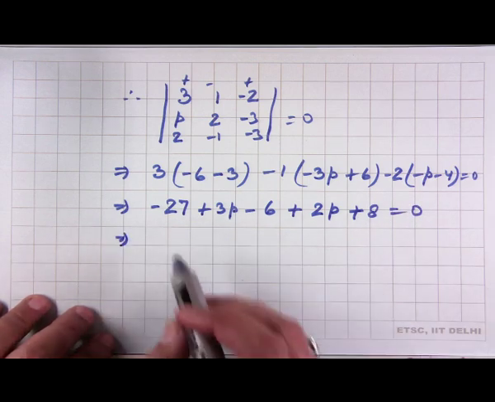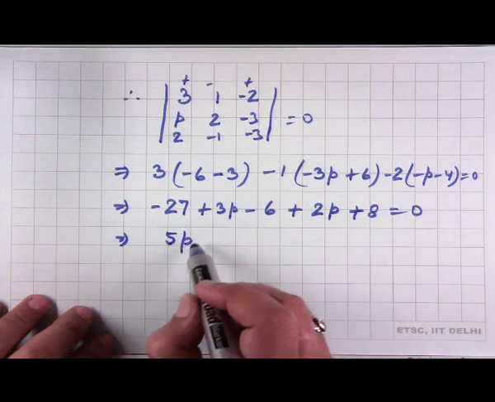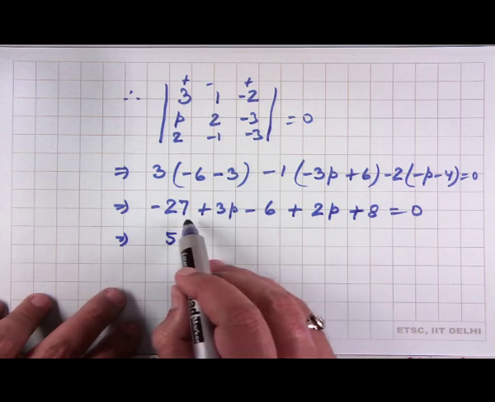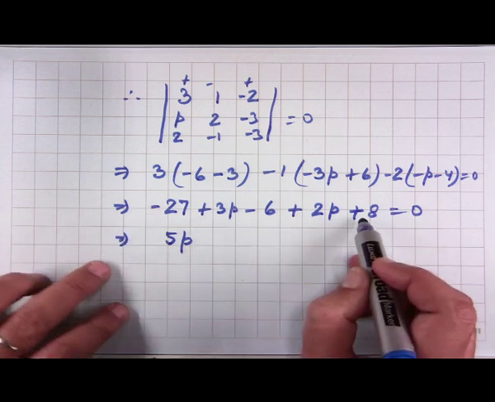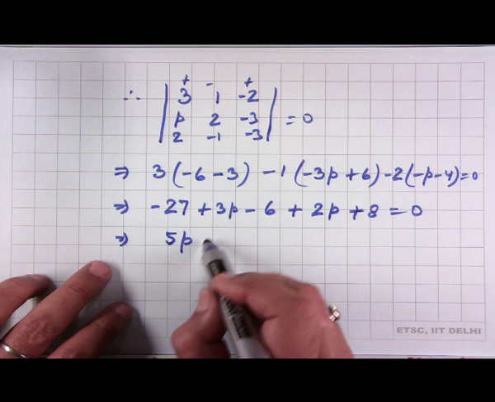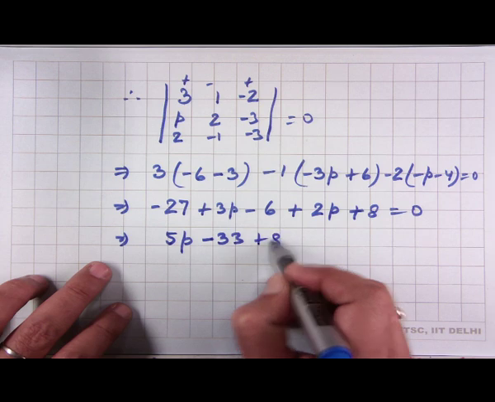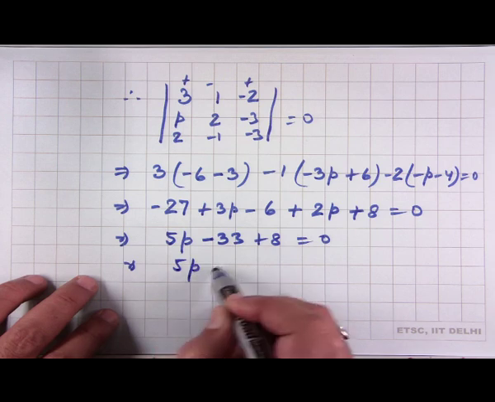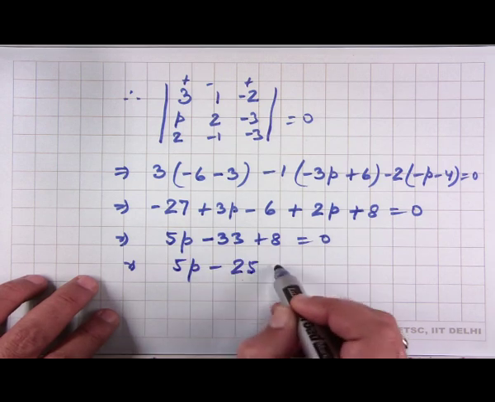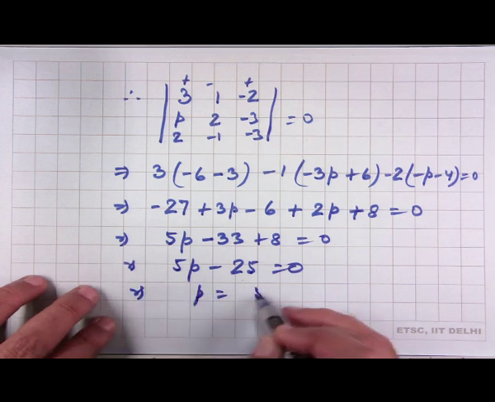This implies 5p, and minus 33 plus 8, so 5p minus 25 equal to 0. So p equal to 5.